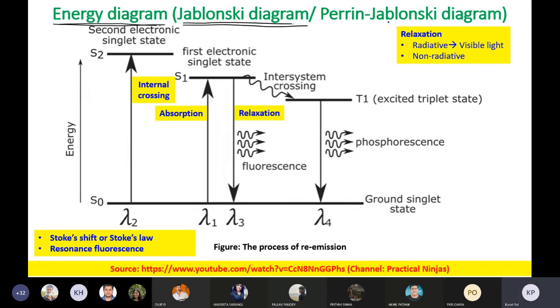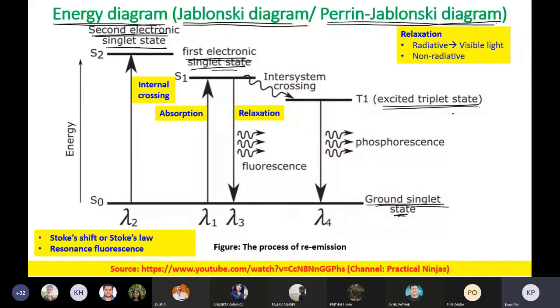This Jablonski diagram is also sometimes regarded as the Perrin-Jablonski diagram. Now in this case, what is happening? We say that there is a ground singlet state, a second electronic singlet state, a first electronic singlet state, and then an excited triplet state.